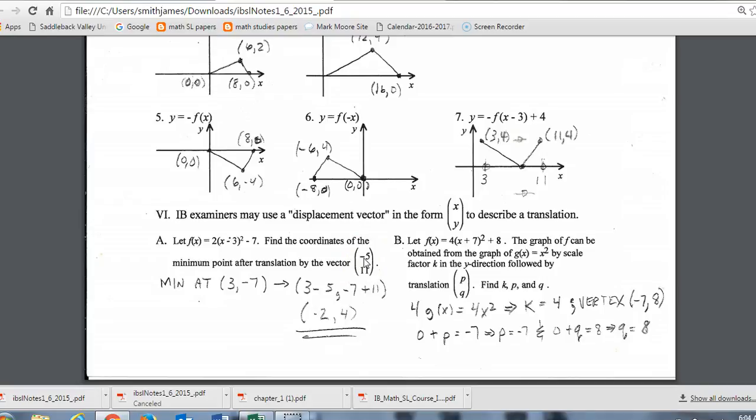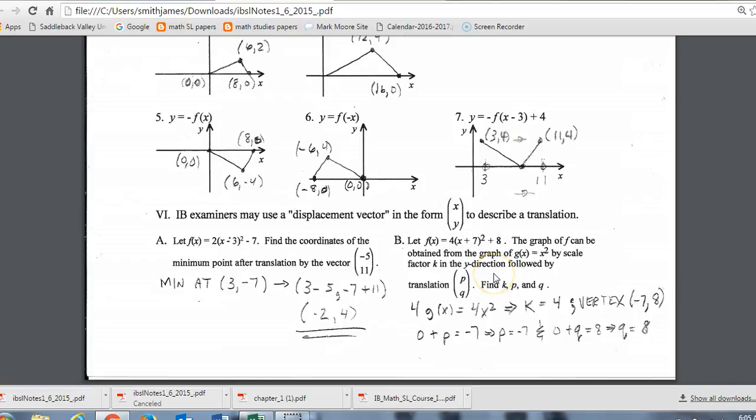So this one is telling me to subtract 5 from my x and add 11 to my y's. So if I take the original vertex, which was 3, negative 7, that's this one. We call that a minimum because this parabola was opening upward. So the vertex was the minimum. But I'm simply going to apply the vector and subtract 5 from the x, add 11 to the y, and this would be my new vertex, or the new minimum.